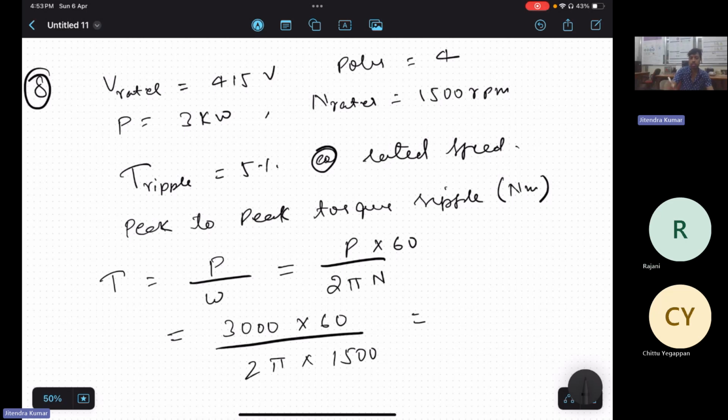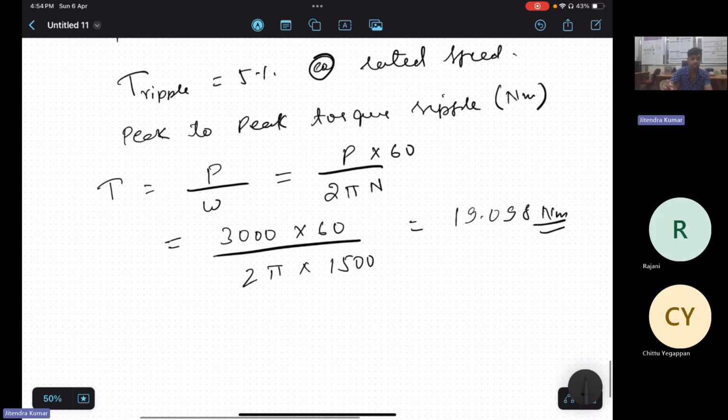It will come out to be 19.098 Newton meter. So this much torque we have calculated.